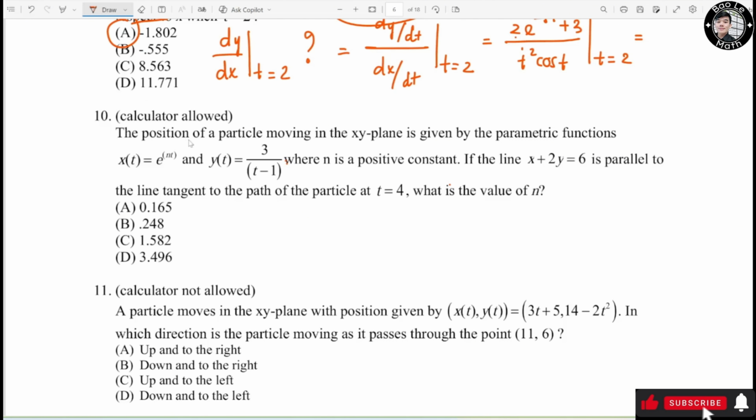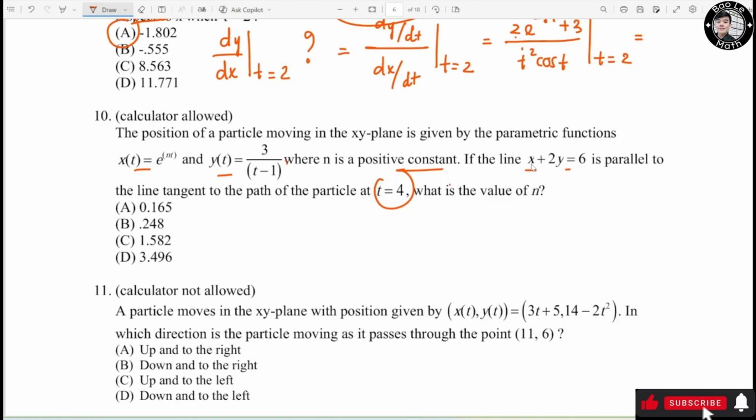Question 10. The position of the particle moving in the xy plane is given by the parametric equations x of t equals this, y of t equals this, where n is a positive constant. If the line x plus 2y equals 6 is parallel to the line tangent to the path of the particle at t equals 4, what is the value of n?